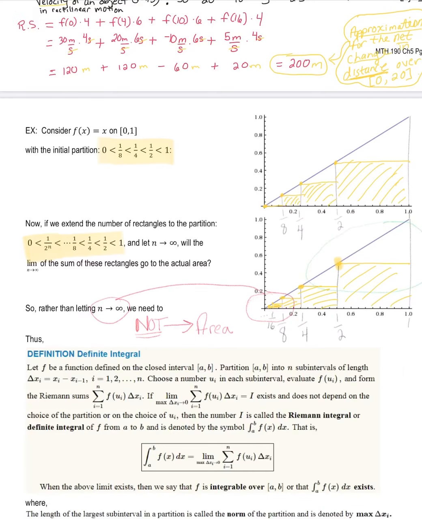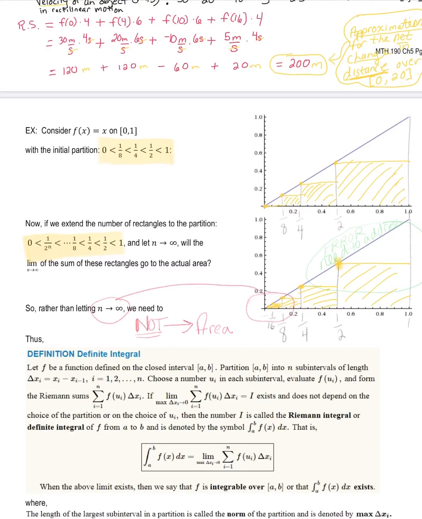So this is the error up here that we really need to address. And what we're doing in the lower left-hand corner, that's not helping. So what would help then would have been to have made these rectangles smaller. So here's where this definition is.